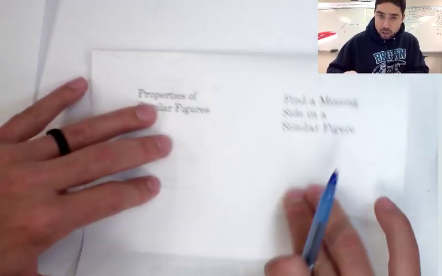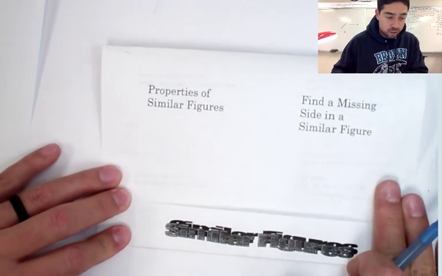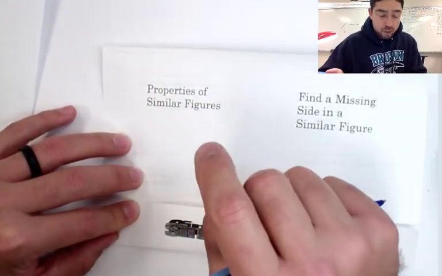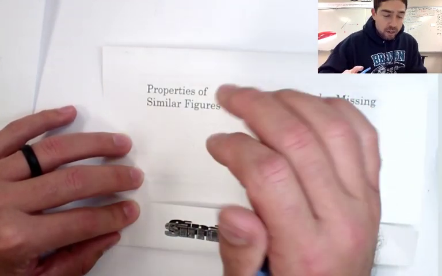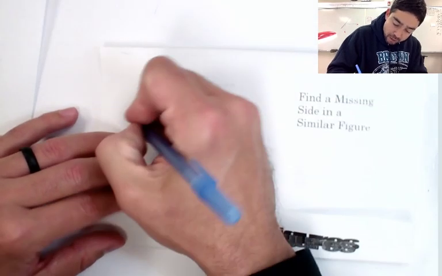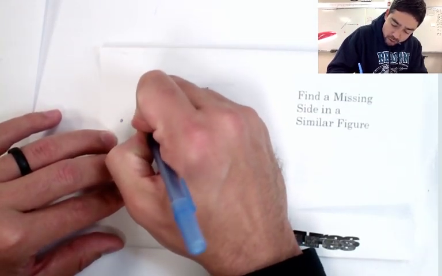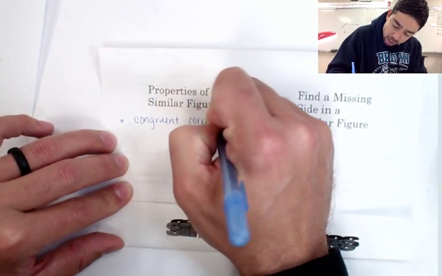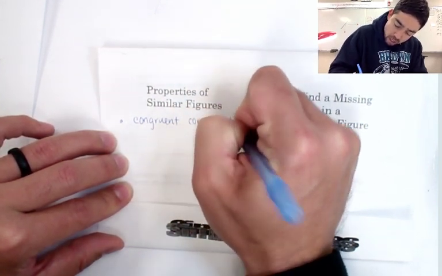So let's start off by talking about properties of similar figures. There's two things that all similar figures must have in order for them to be similar. One, they have to have congruent corresponding angles. So I'm going to write that down for you. Congruent corresponding angles.